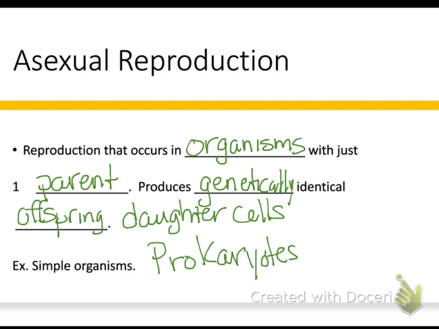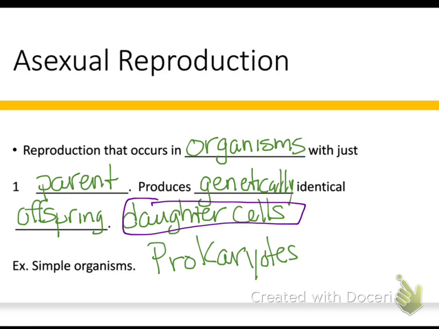I added daughter cells up here because a lot of times when it talks about the offspring, they call them daughter cells, and so I wanted to make a note that if you hear that word, it's talking about the offspring. The genetically identical offspring in this case. Okay, so that's the definition for asexual reproduction.